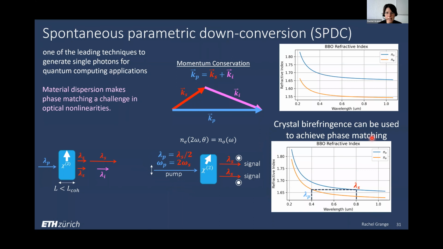So you can play with the orientation of your crystal. You make it a bit tilted so that you match the 2 refractive indices for 2 different wavelengths: your second harmonic or SPDC wavelengths and the pump wavelength. This is a way to do it.